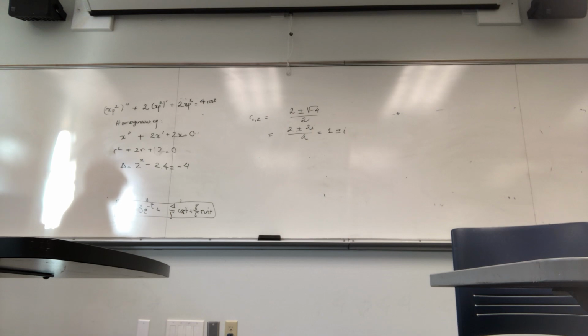Good. So what are the two solutions? Should it be -2 plus or minus 2i over 2?